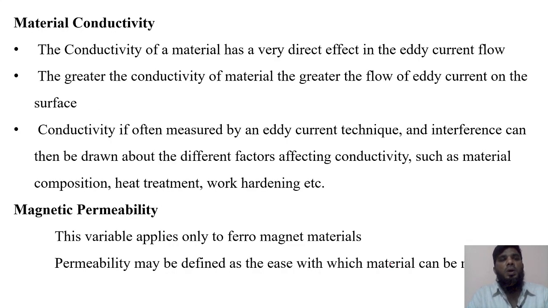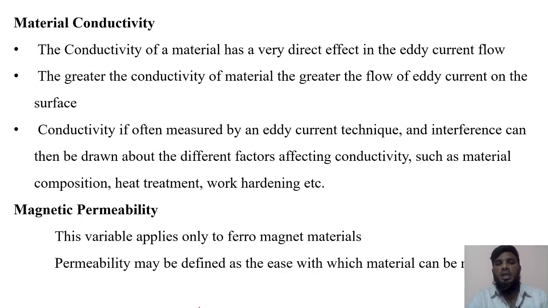Okay, so material conductivity: how is it going to affect the eddy current? The conductivity of the material has a direct effect on eddy current. If the conductivity is less, the eddy current will not be generated much. If the conductivity is more, then the eddy current which is generated will be more. The conductivity is often measured by an eddy current technique, and an inference can then be drawn about different factors affecting the conductivity, such as material composition, heat treatment, or work hardening.